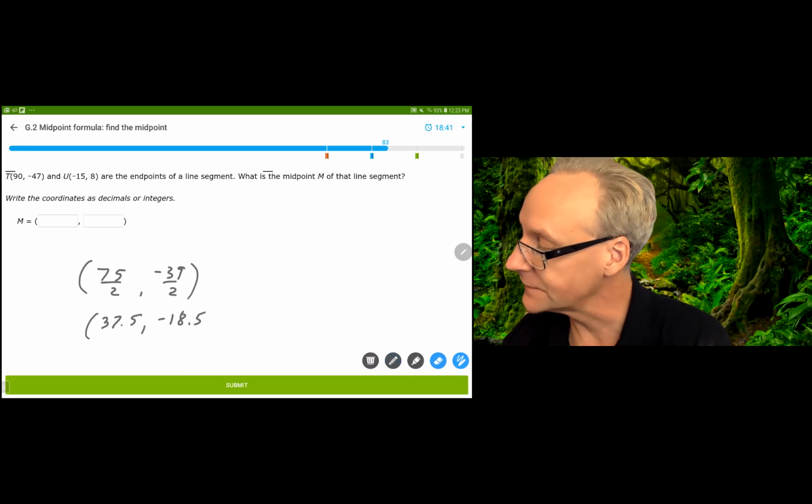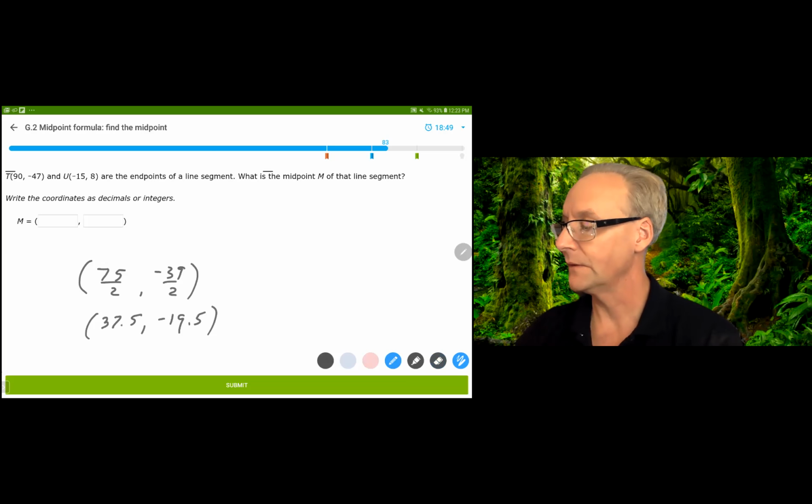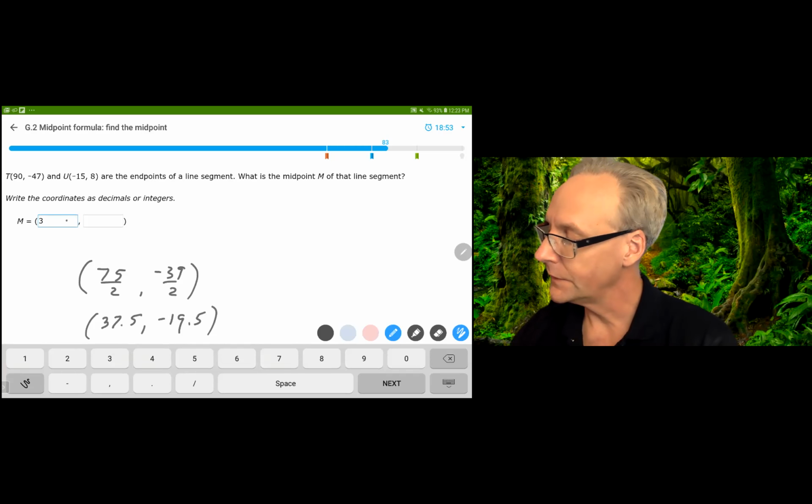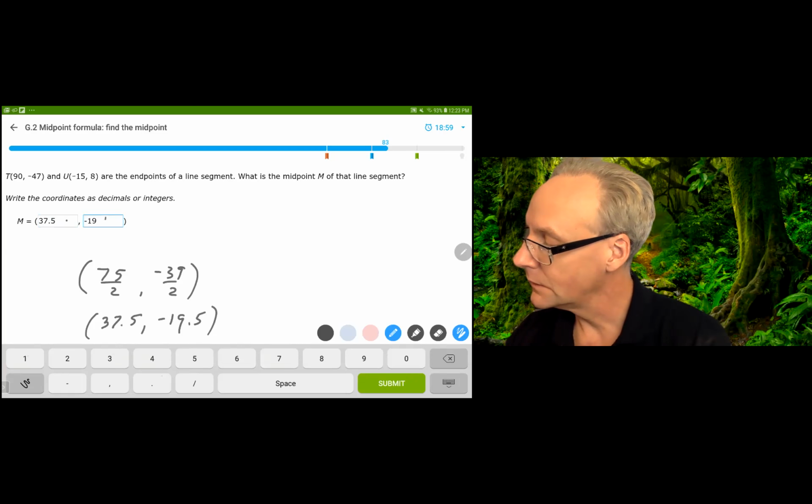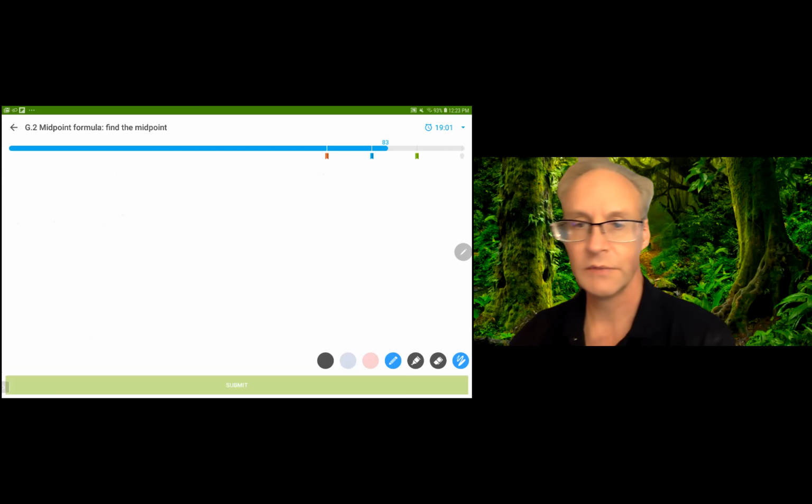Dang, I keep doing that same thing over and over again. There it is, negative 19.5, because I'm one short of 40. There we go. All right, 37.5, negative 19.5. Hopefully I'll quit making errors.